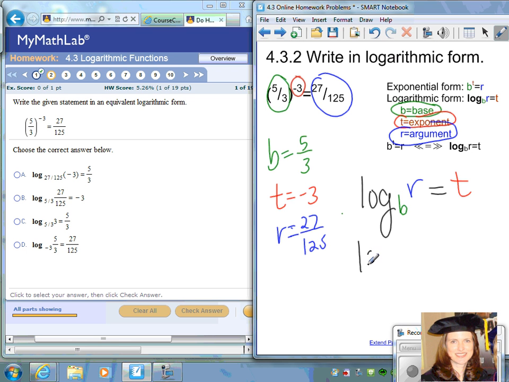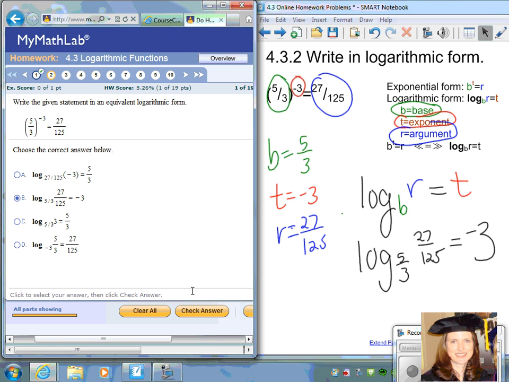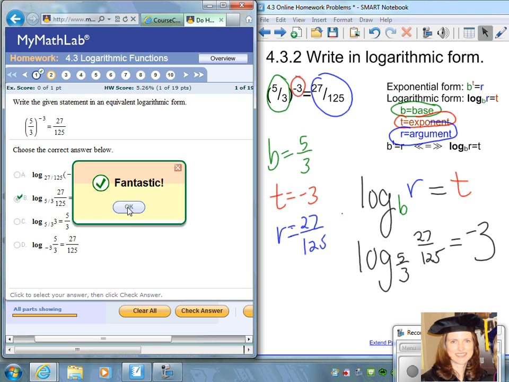So we can now write it as log. The base is 5 over 3. The argument is 27 over 125. And the exponent equals -3. We want to compare these. It looks like out of all those choices, the second one is the correct answer.